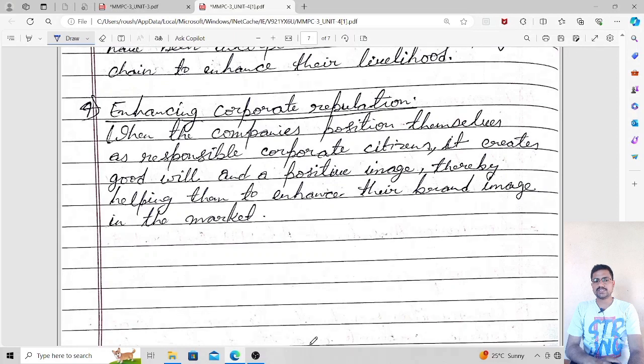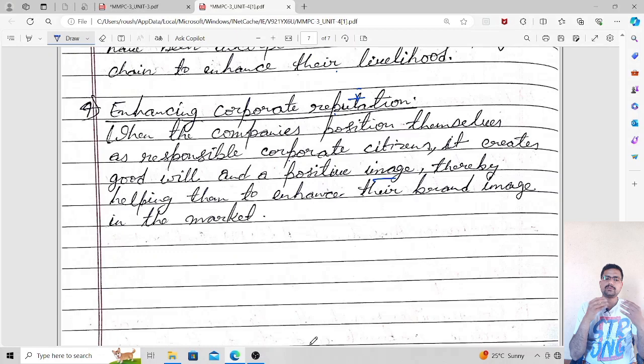Enhancing corporate reputation. When companies position themselves as responsible corporate citizens, it creates goodwill and a positive image, thereby helping them enhance their brand image in the market. So CSR activities help organizations create a positive image.